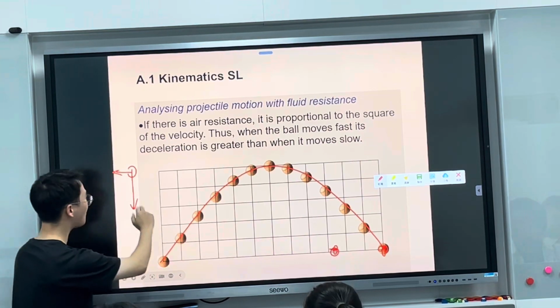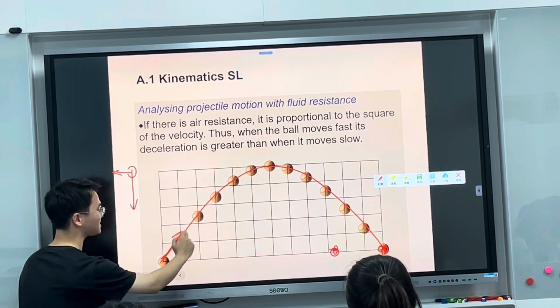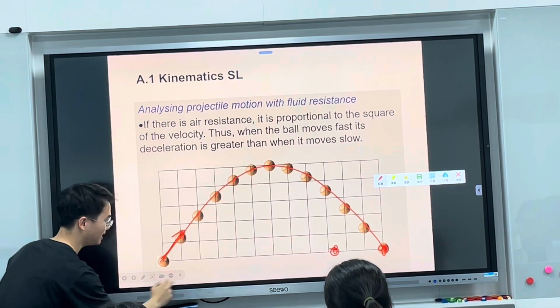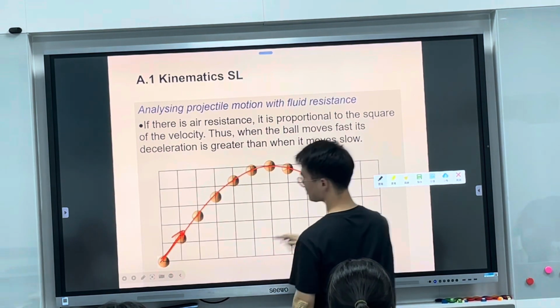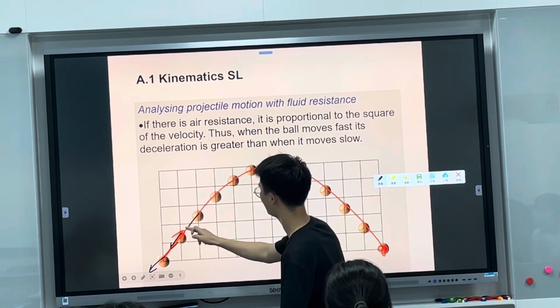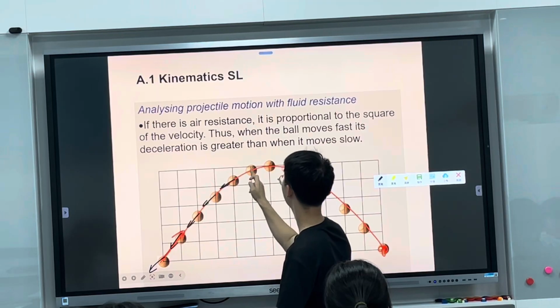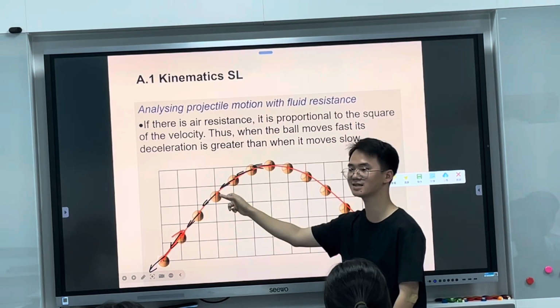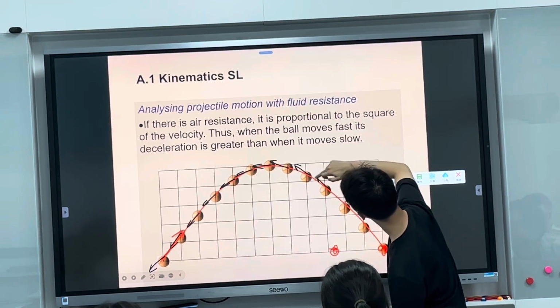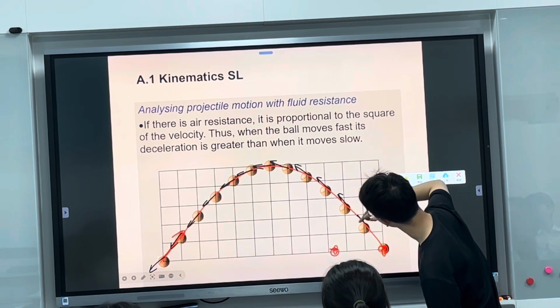When you're going up, there's still air resistance because air resistance is opposite to the motion. So when you draw it, at this position, air resistance is here. At this position, air resistance is here. Here, here, here, here. That is the air resistance. Does that make sense? Because air resistance is always in the opposite direction of the motion.